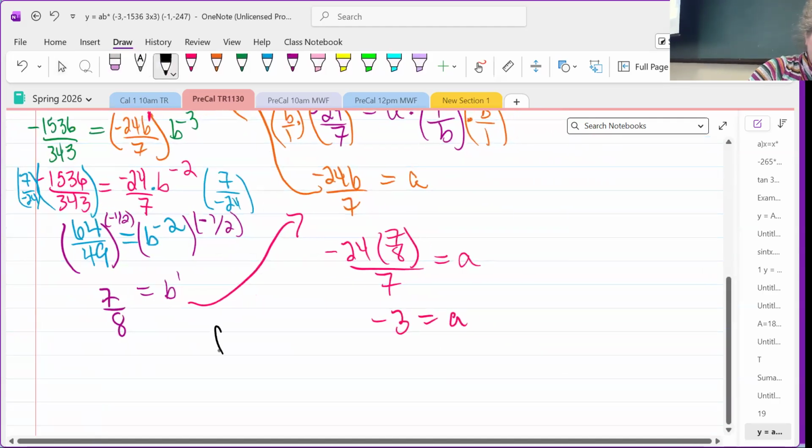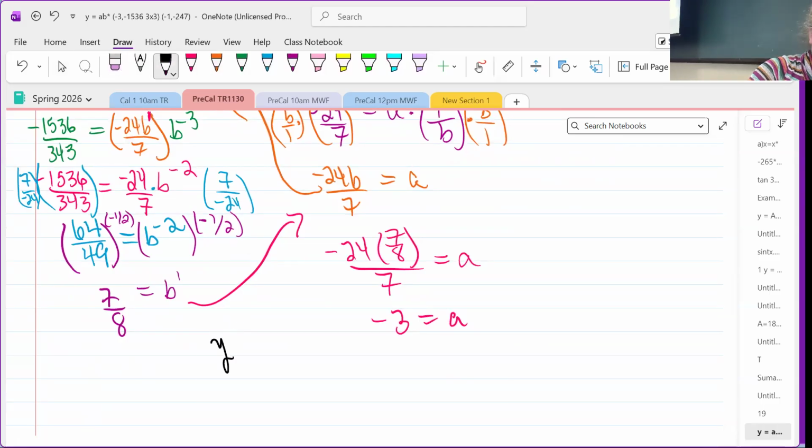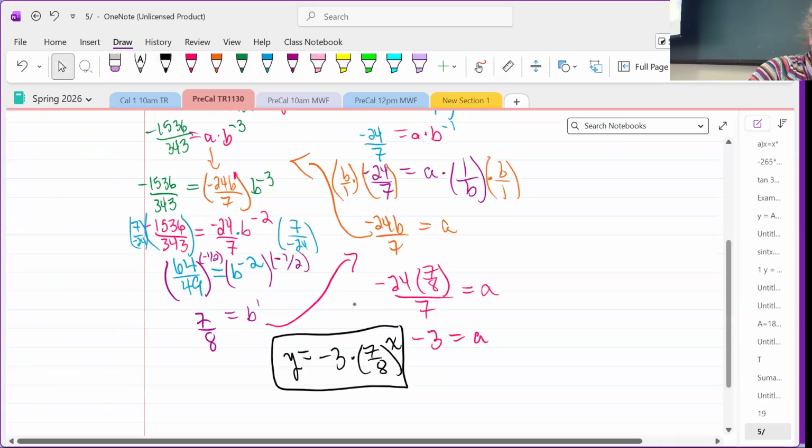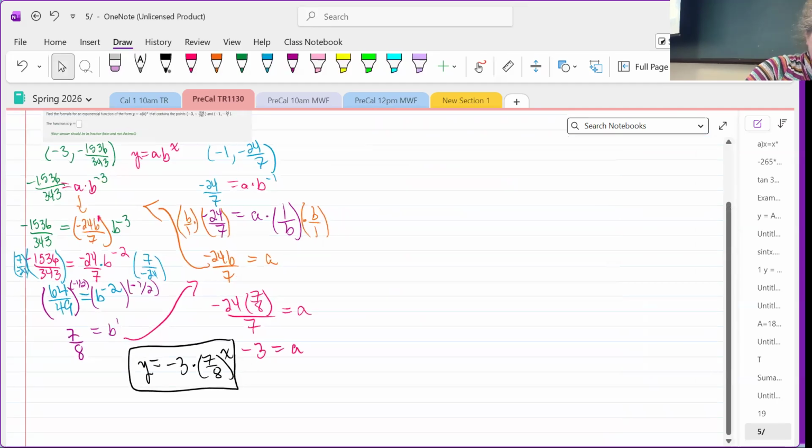So our final function formula, or y equals, because they did say y on this one, will be -3 times 7/8 to the x power. They already typed the y equals, so all you'll have to type in is the formula part.